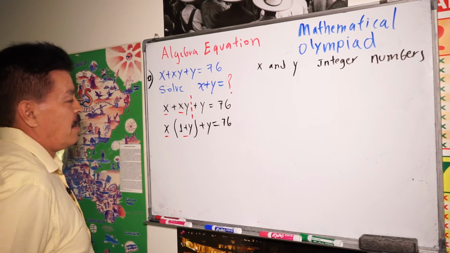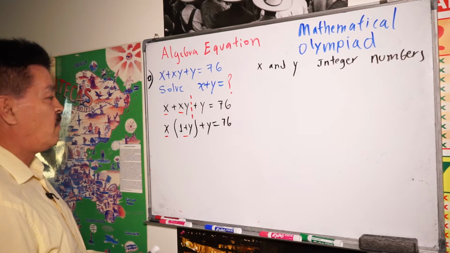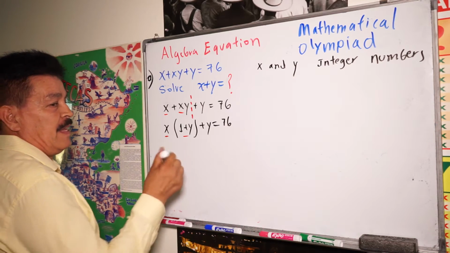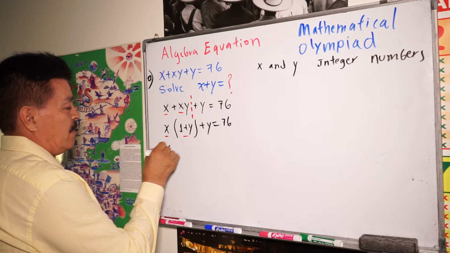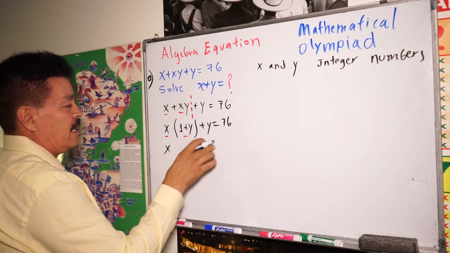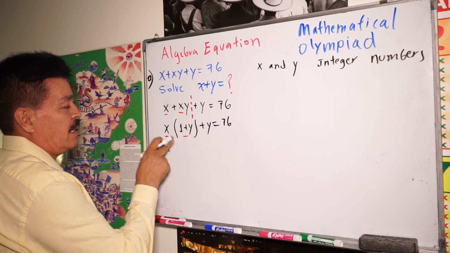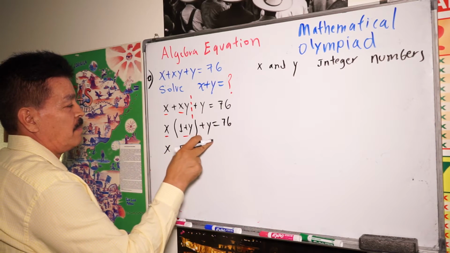Okay, next step is to continue factorizing. We have here x times 1 plus y.